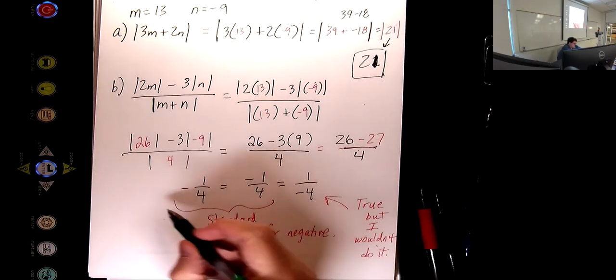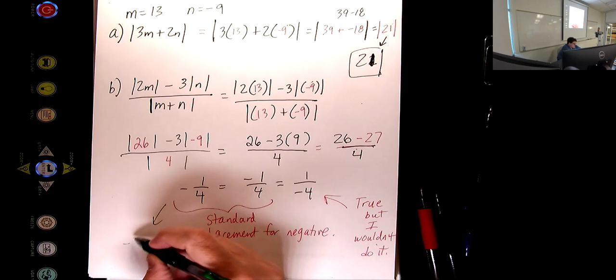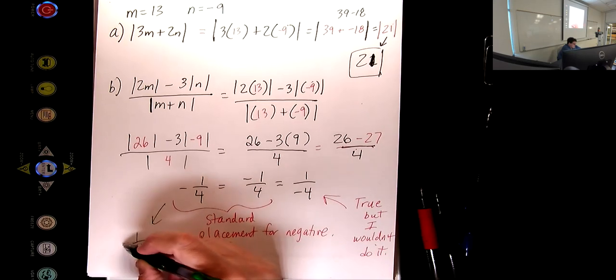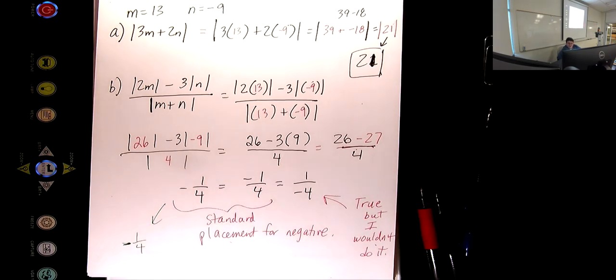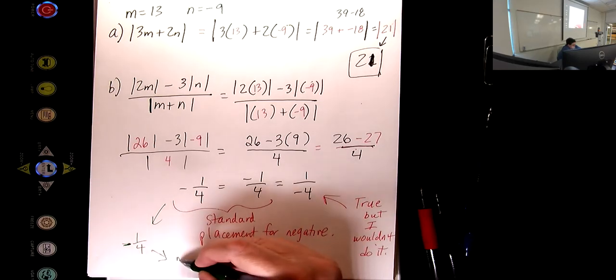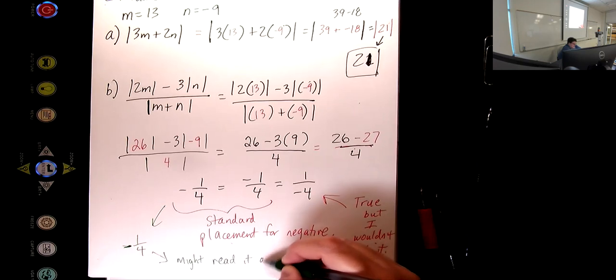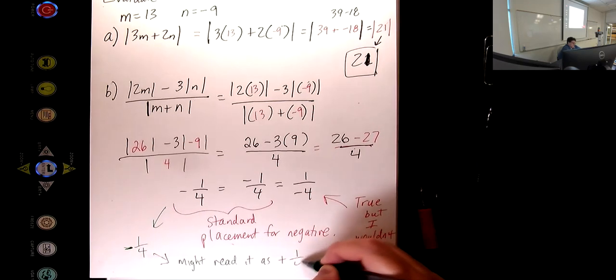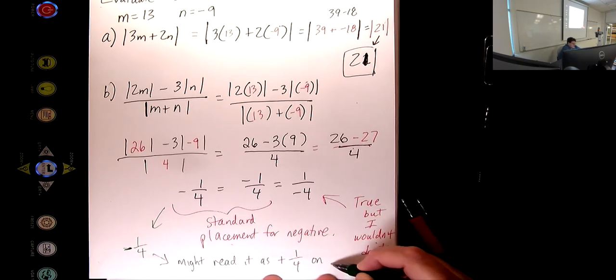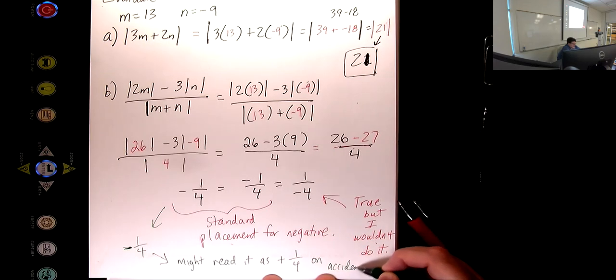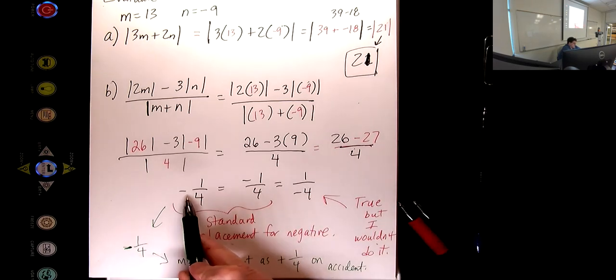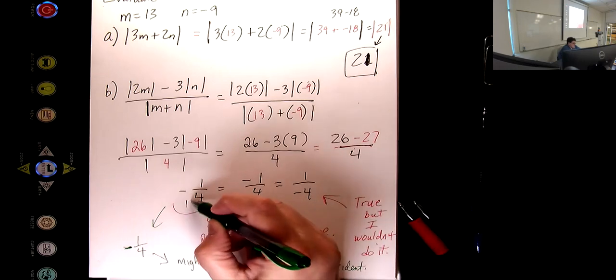The one on the left, if you write too fast, you might get that negative sign really close to the fraction, and if you're not paying attention, you may not notice it. You may just think it's the fraction, so you might read it as positive 1/4 by accident. So if you're gonna put it out front, make sure you exaggerate it with a little bit of space like I did. See that little bit of space right there?